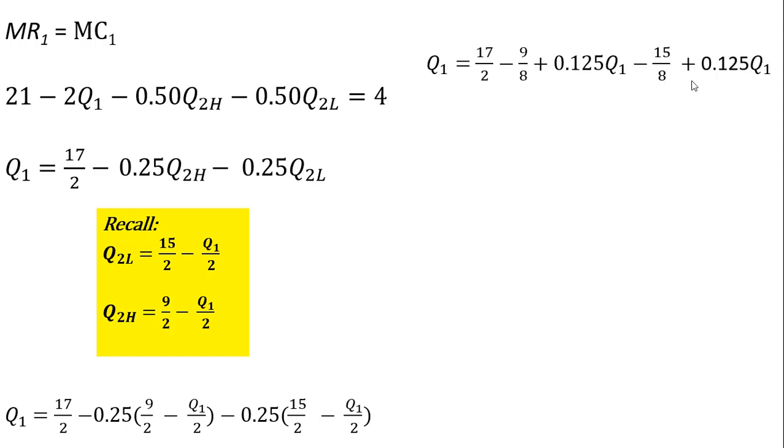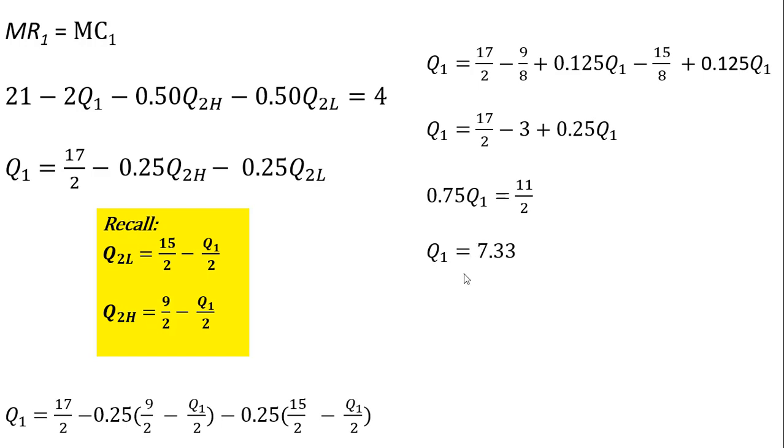Simplifying mathematically. Further simplification. And finally, we get Firm 1's output at 7.33 units.